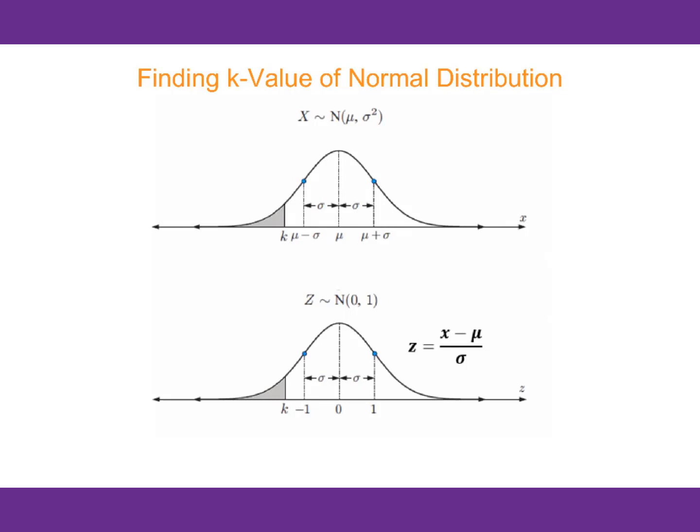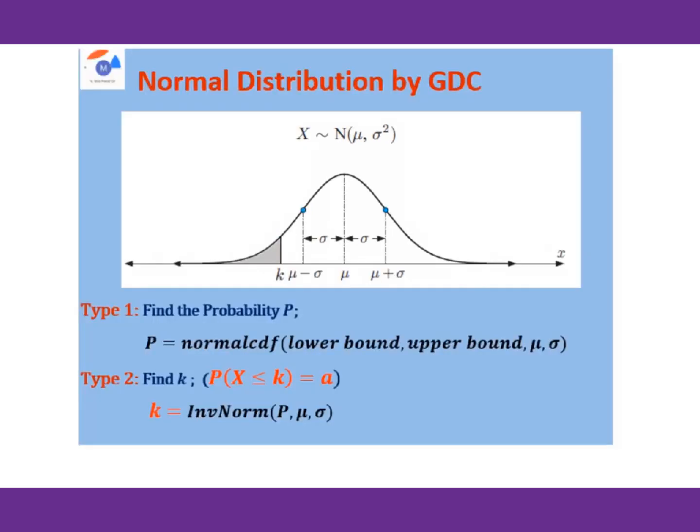This video is about finding the key value of a normal distribution. There are three types of problems about a normal distribution using a graphing calculator. Type 1, find the probability.